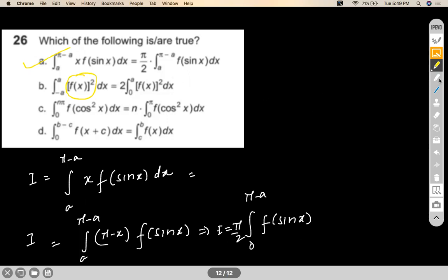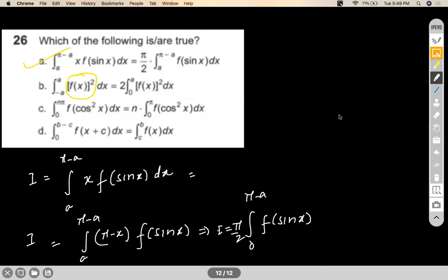That is what I want to know. For real functions, I think yes. What if it is root sin x? I'm not sure. Because of the domain of that function, I think it will still be positive.